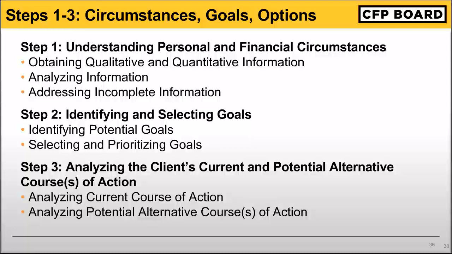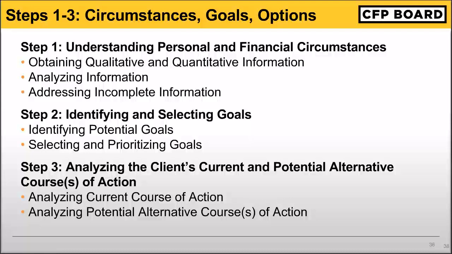But where appropriate, you analyze one or more potential alternative recommendations, analyzing the advantages and disadvantages of the recommendation, whether the recommendation helps maximize the potential for meeting goals, and how the recommendation integrates the relevant elements of the client's circumstances. This is what you do when you're conducting that analysis.